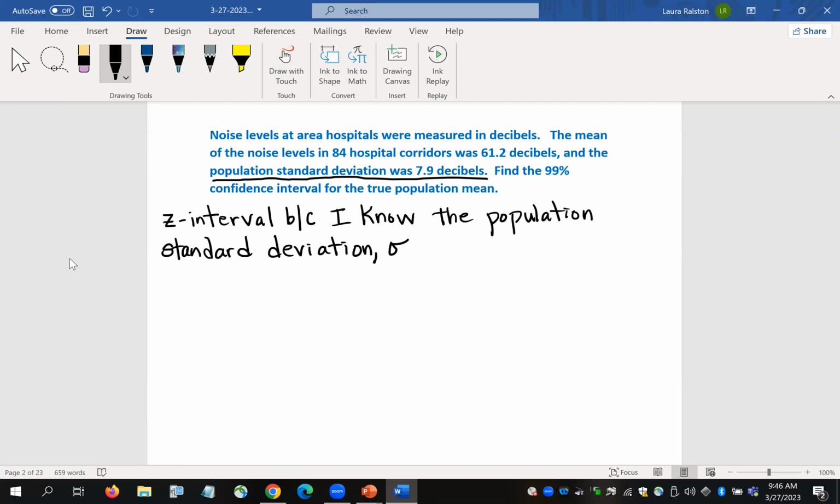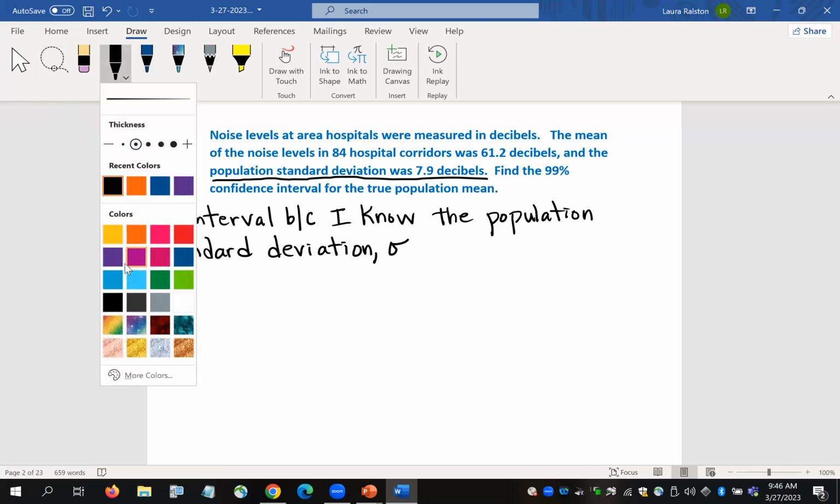We will have talked about Z, we will have talked about T, and we will have talked about proportion. Okay, so on the midterm that's coming up, you're going to have to be able to recognize, should you do Z, should you do T, or should you do a proportion?